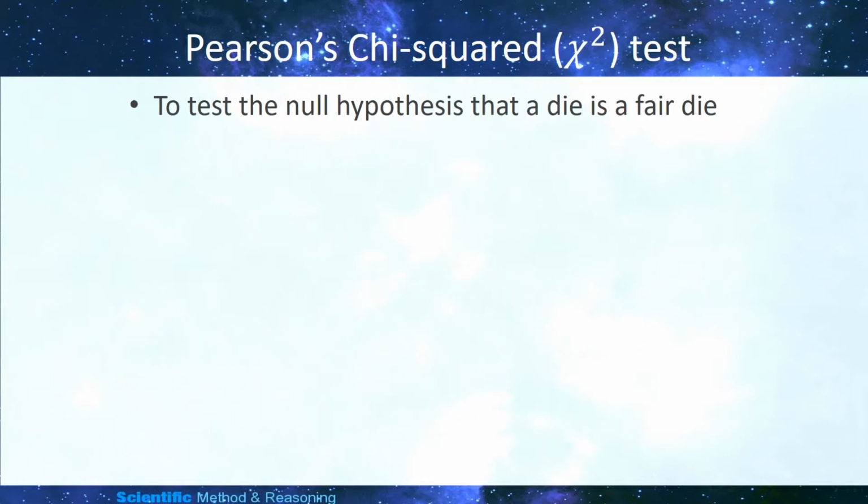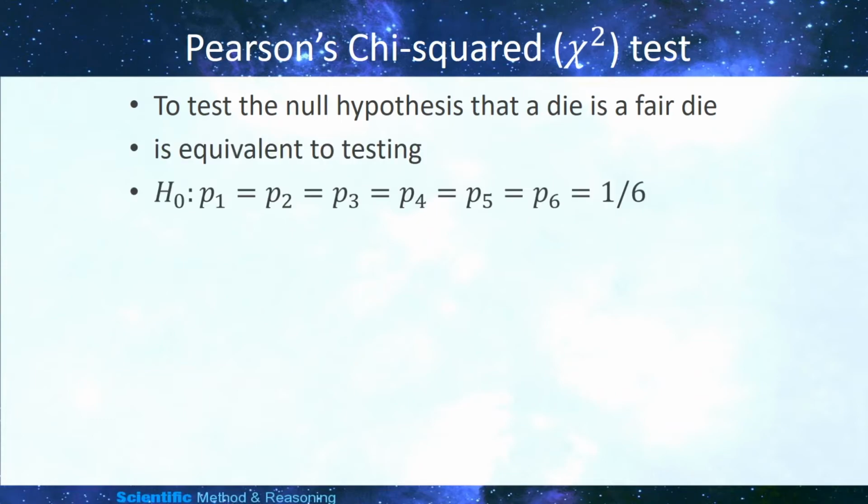To test the null hypothesis that a die is a fair die is equivalent to testing the cell probabilities. The null hypothesis is that the 6 proportions are all the same. P1 equals P2 equals P3 equals P4 equals P5 equals P6.